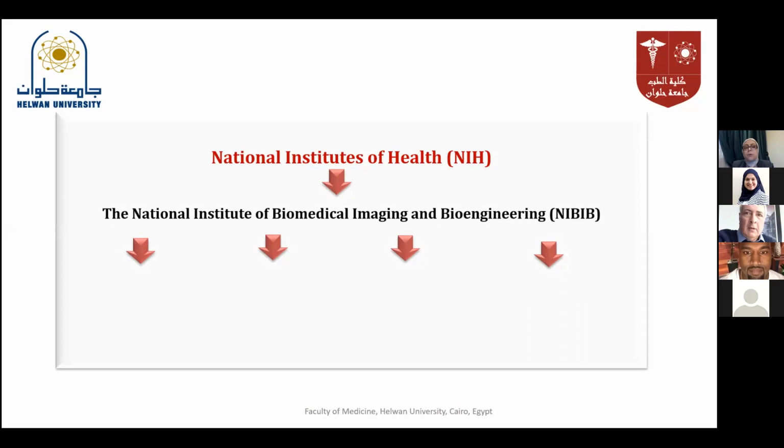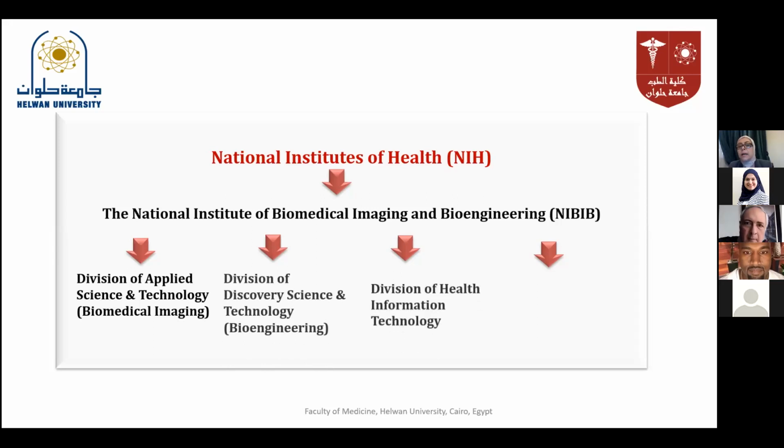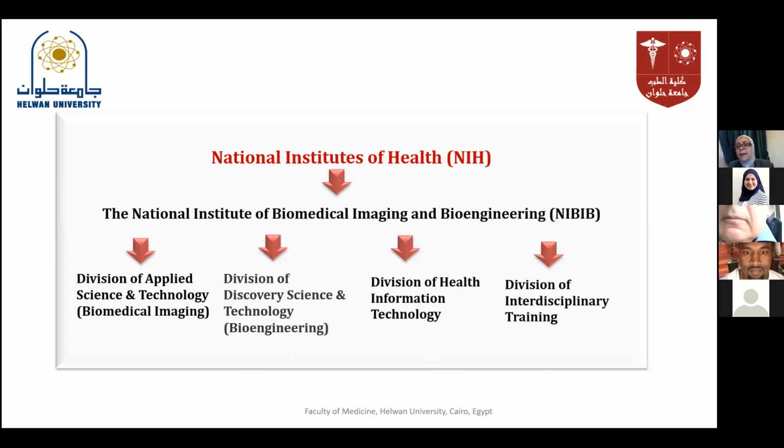One of them is called the National Institute of Biomedical Imaging and Bioengineering. It has 4 divisions. One of them is the Division of Applied Science and Technology, the Bioengineering division, the Division of Health Information Technology, and the Division of Interdisciplinary Research.